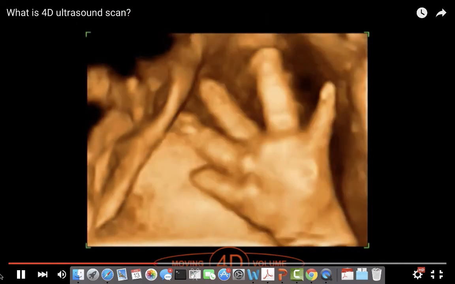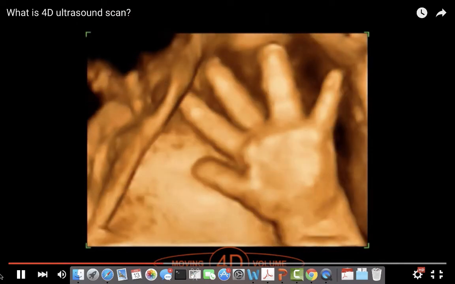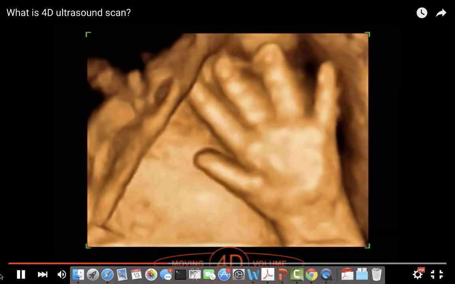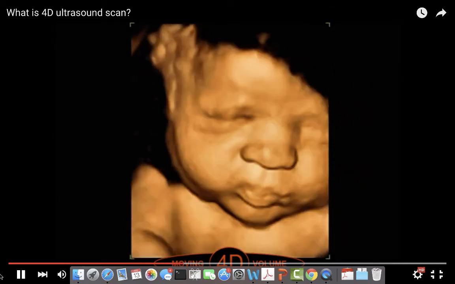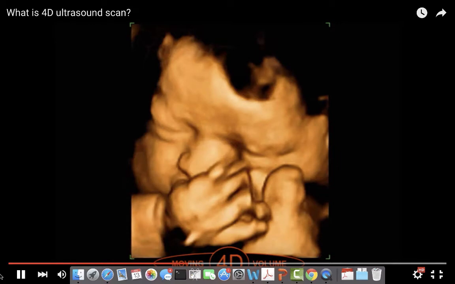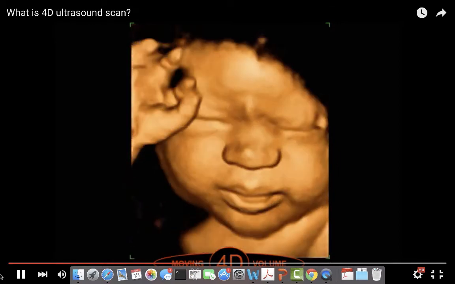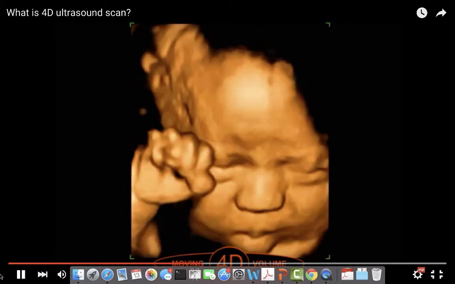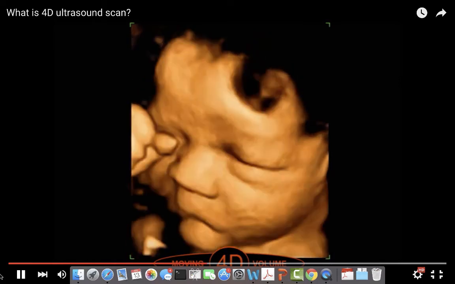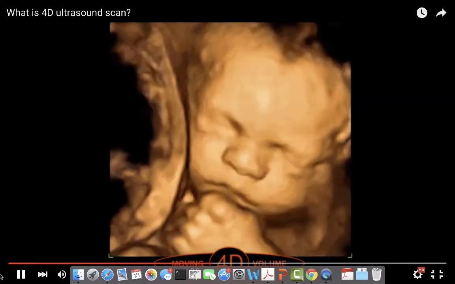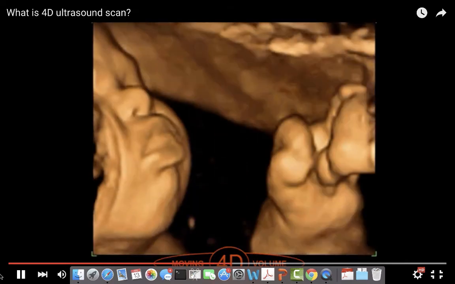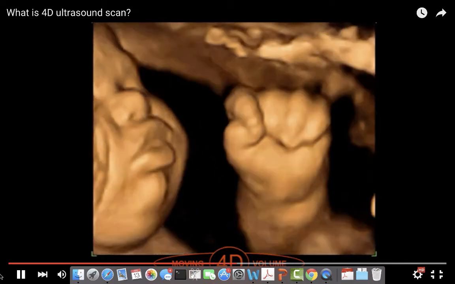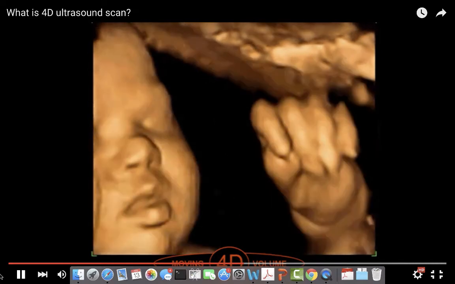Here is an example of a 4D ultrasound. We can start to see the fingers moving and the body moving as if it's in 3D. We can start to see the face movements, mouth movements, and hand-to-face movements. Here we can see foot movements and hand movements, as well as tongue protrusion.